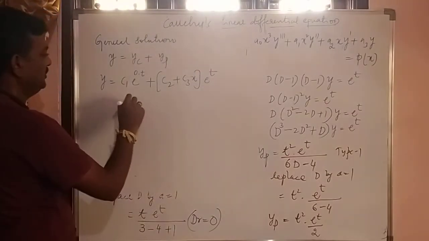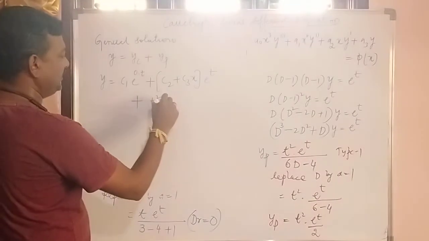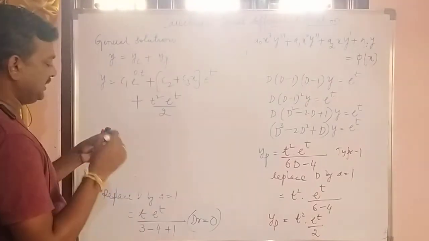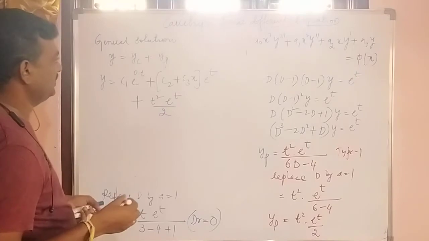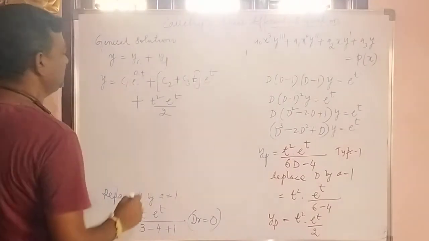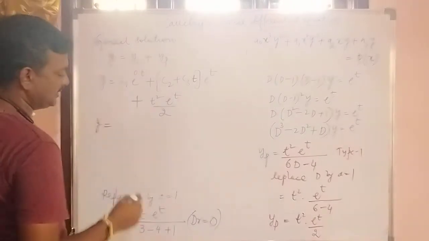You know yc already, that is c1 e raised to 0 into t plus c2 plus c3 t into e raised to t, plus t square into e raised to t divided by 2 is y. So we need to convert this in terms of x, student.